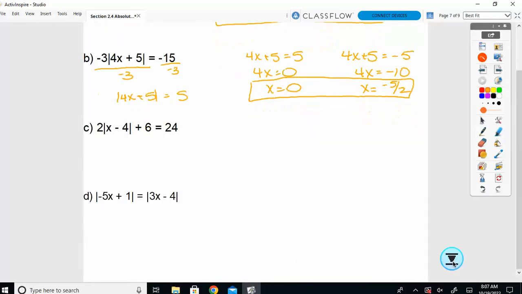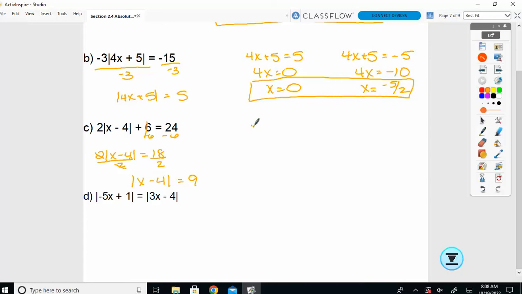What would we need to do? Subtract 6. And then we can divide by 2. So we get the absolute value of x minus 4 equals 9. So we can't solve anything until the absolute value is by itself.